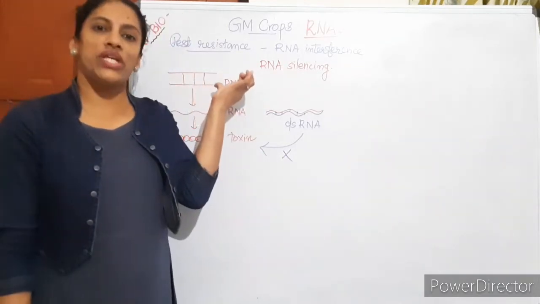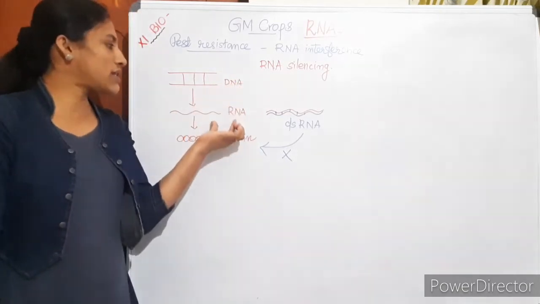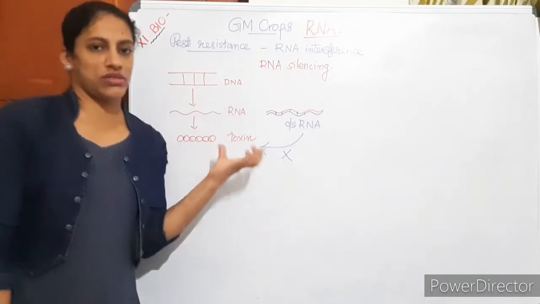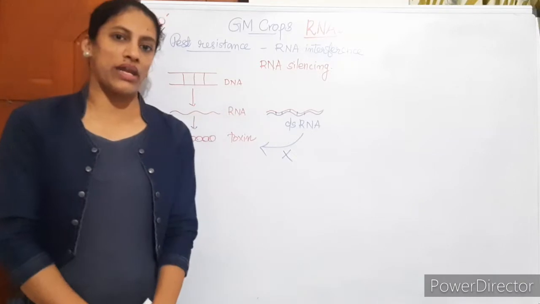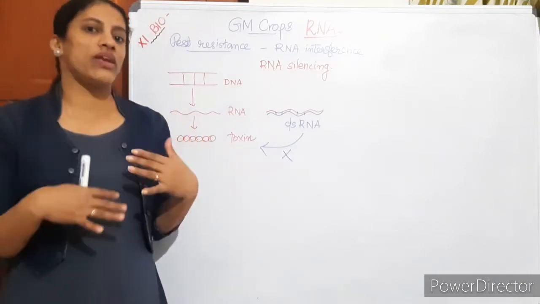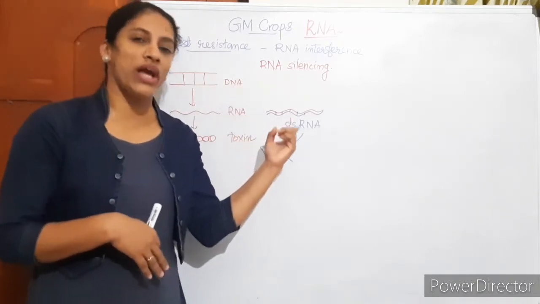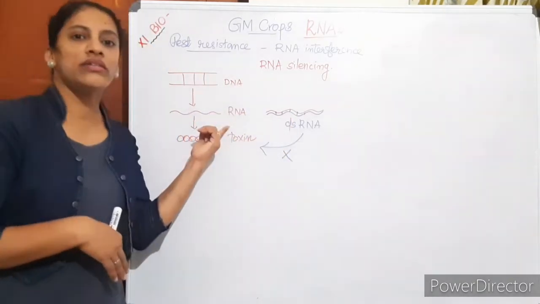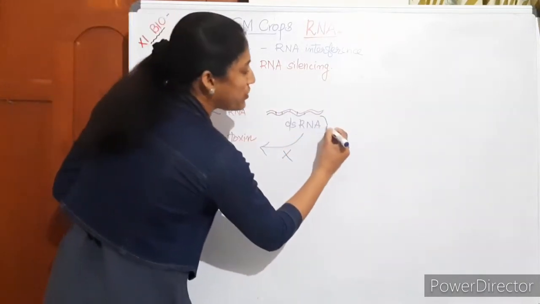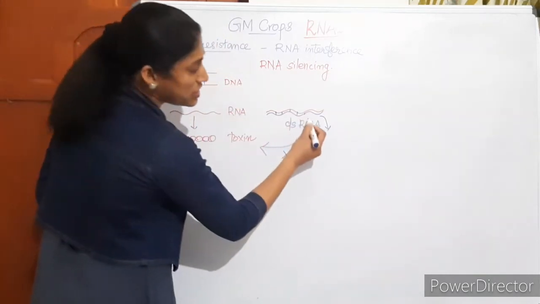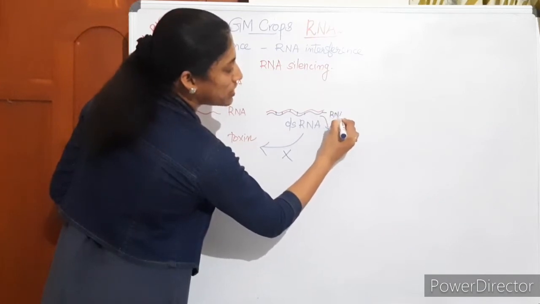Here, this is a gene which produces toxin, a pathogenic gene. Normally, it is transcribed to RNA, then it is translated to the toxin. Whereas in RNA interference, a particular organism with this strategy will have a complementary RNA, and this is blocking the pathogenic RNA. Where does this complementary RNA come from?